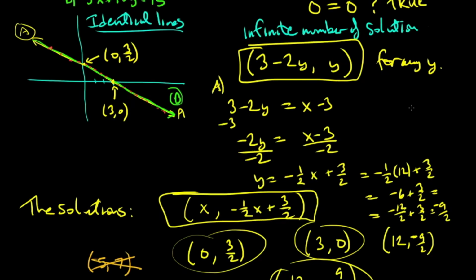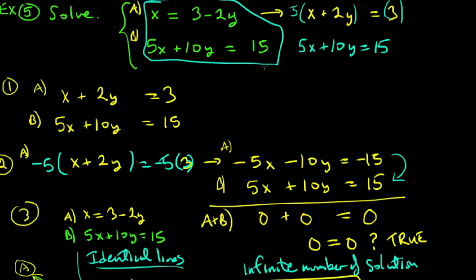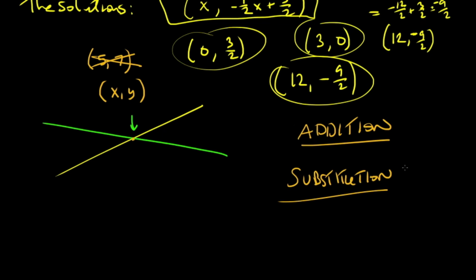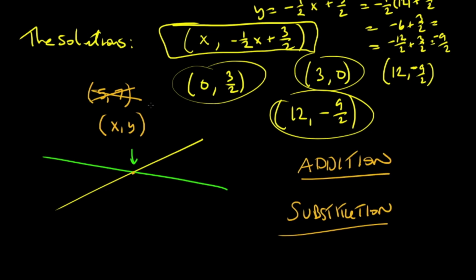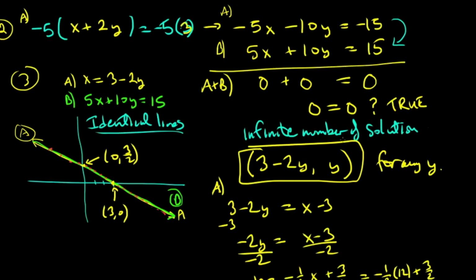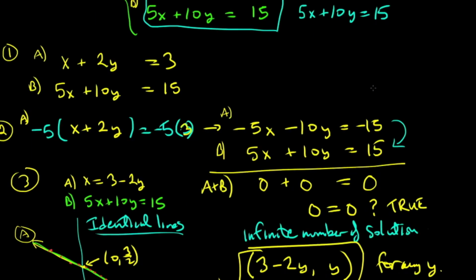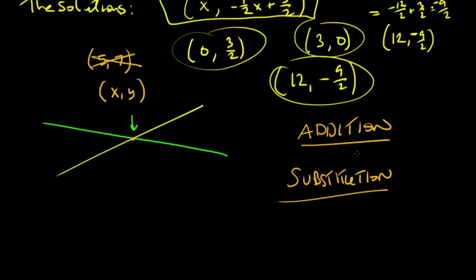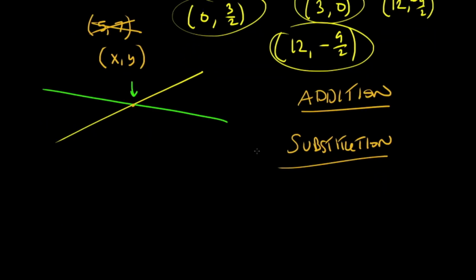Any one of these examples we did, you could have also used the method of substitution, and you would have gotten the same answer, which is either a unique solution, or infinitely many solutions, or no solution. You would have gotten the same result no matter which method you chose. So if you want to use the method of substitution, go right ahead.